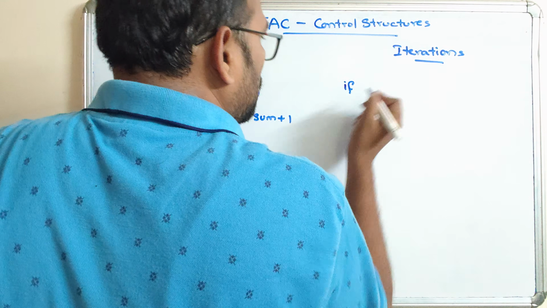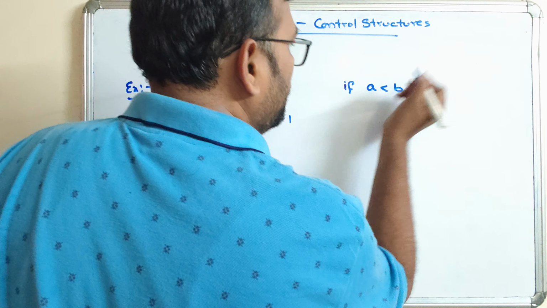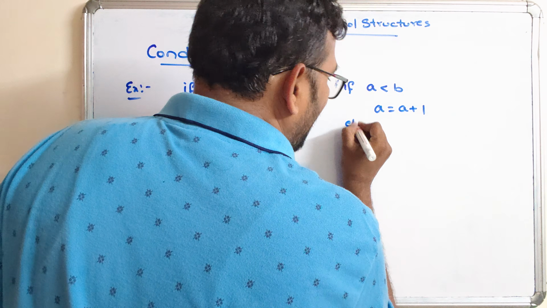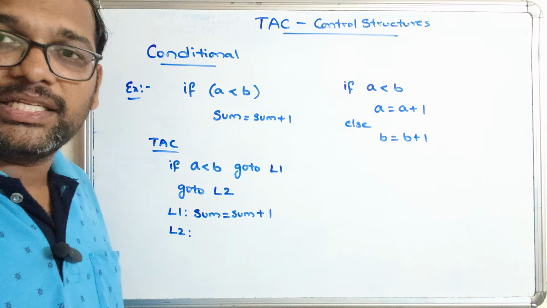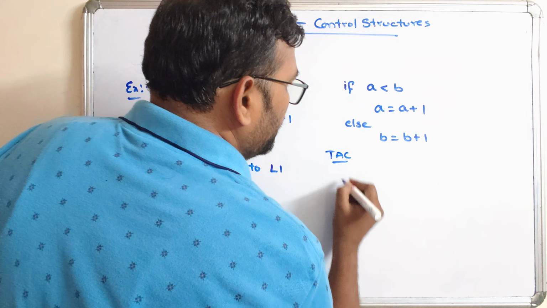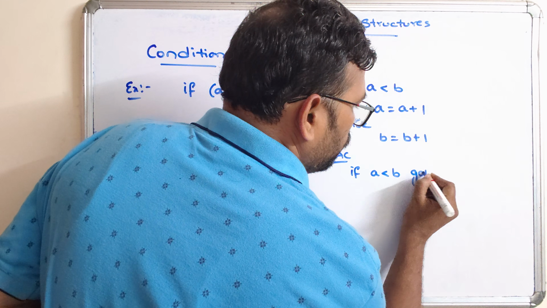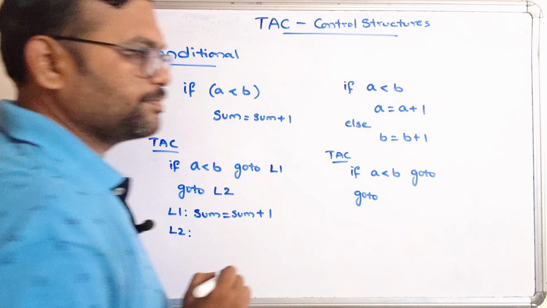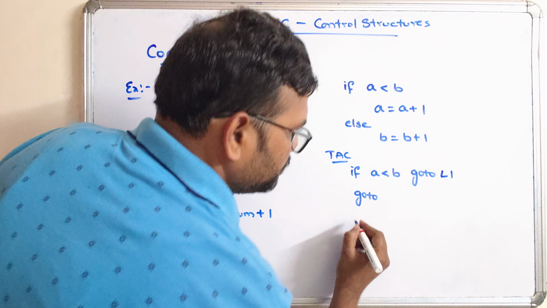Let us take one more. If a less than b, simply write a is equal to a plus 1, else b is equal to b plus 1. Let us take this statement. For this the three address code will be: if a less than b, then go to L1, and else go to L2.